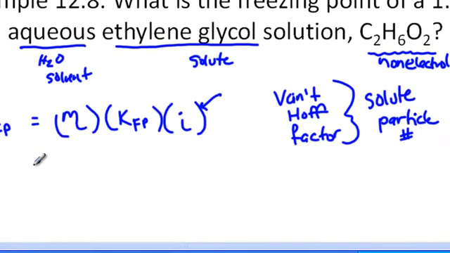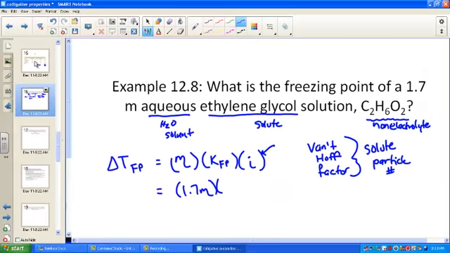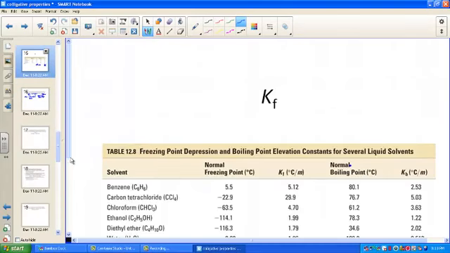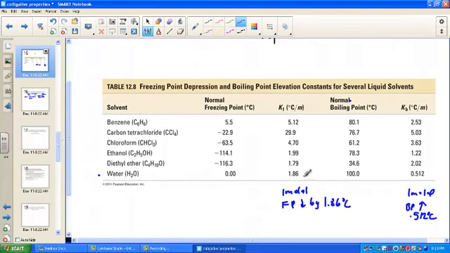Okay, so let's think about what we know. We want to know the new freezing point of this water solution. The molality was given to us, wasn't it? It's a concentration of 1.7 molal. Do you remember that freezing point constant for water? You wrote it just above in your previous slide. 1.86, the freezing point depression constant for water.